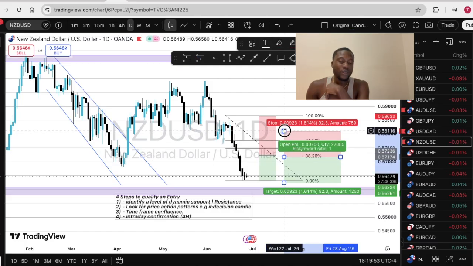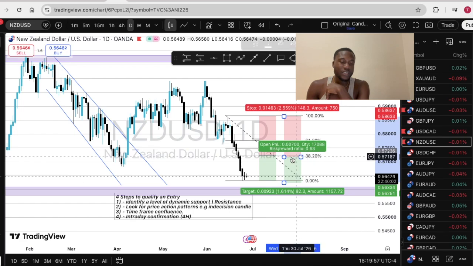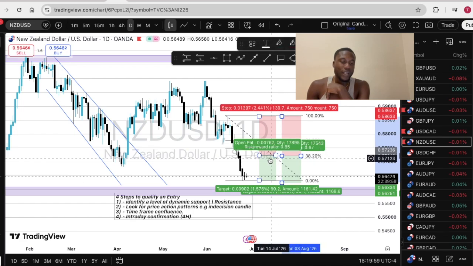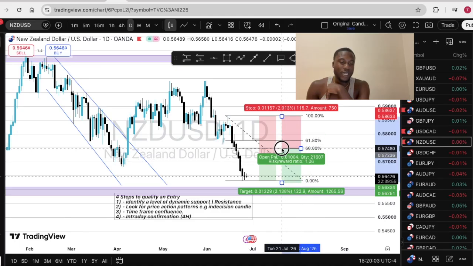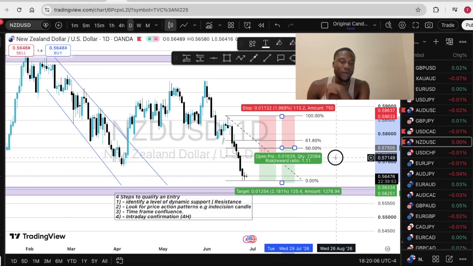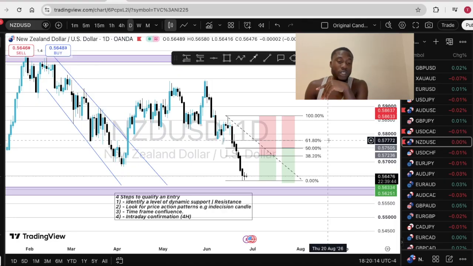Let's say you want to risk like $100, right? You are taking $40 here, $40 here at that 50%, right? So that's 40% of your risk, 40% of the 1% of your account that you're risking. And then this one 20%.